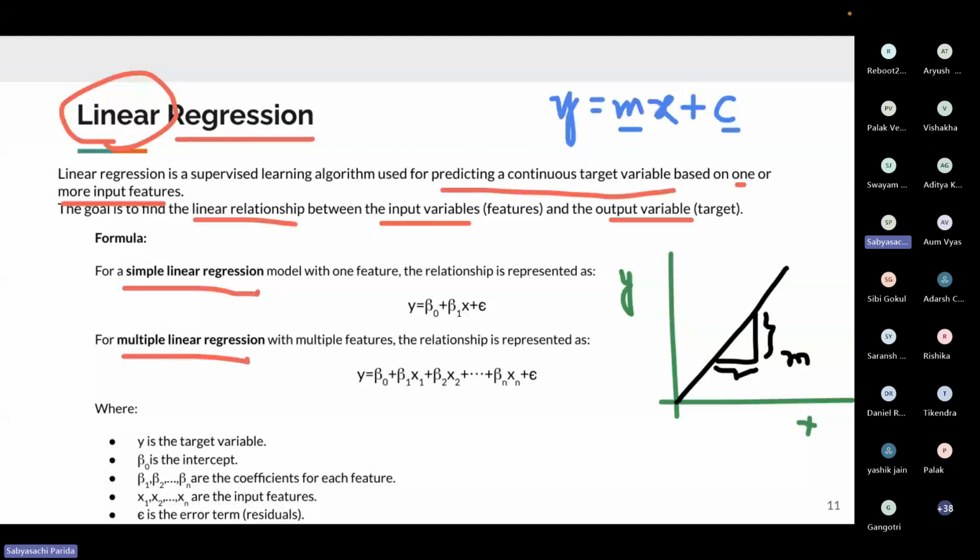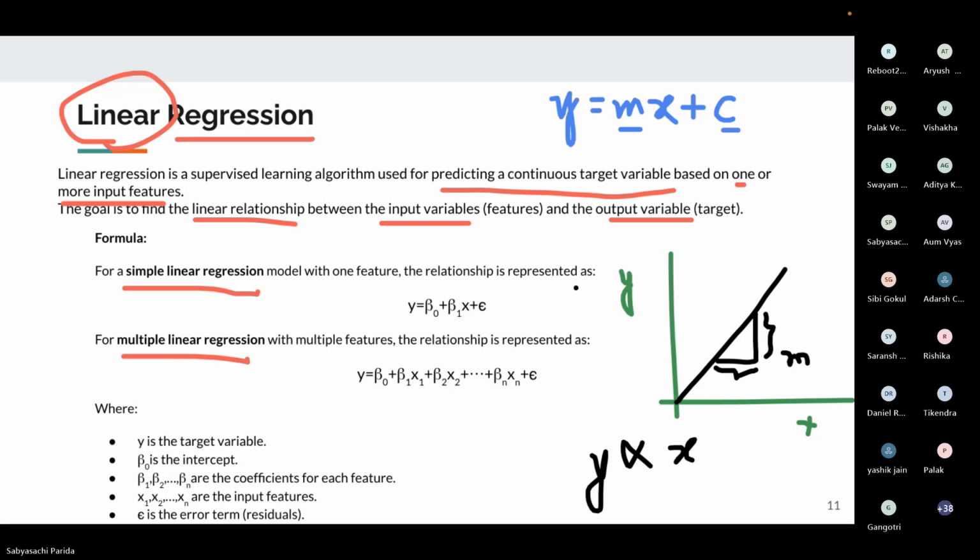When c is 0, we are assuming there is no intercept for that line, and y is directly proportional to x. So as x increases, y is also increasing. There is a linear relationship between the input variable and the output variable, a direct relationship between y and x, and it is established by m. M is nothing but the slope of the line.